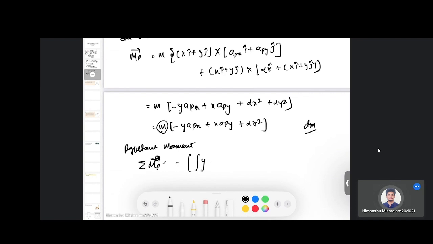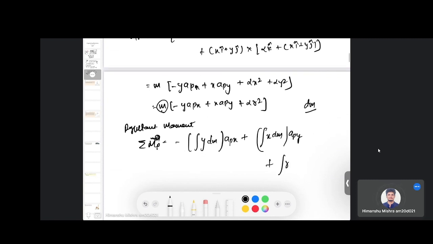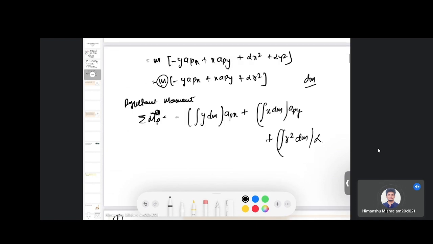So it will be y dm apx plus x dm apy plus r square dm alpha. And you can see that this term is the first moment, whereas this is the second moment. And in mechanics, the first moment is always referred to center of mass, and the second moment is referred to the moment of inertia.